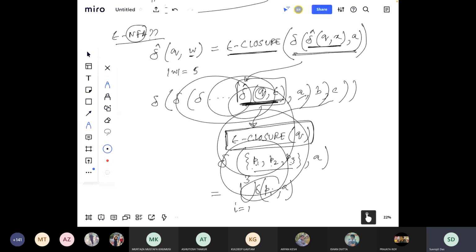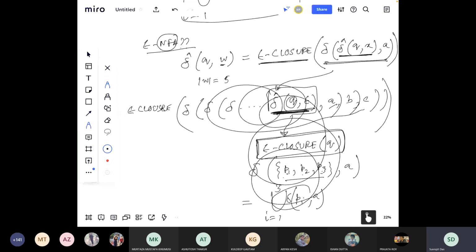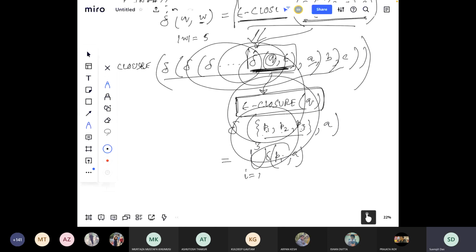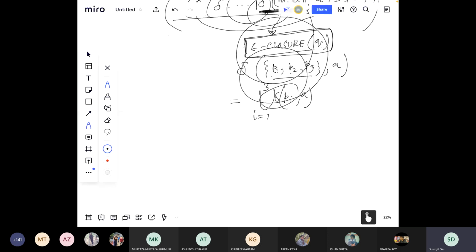But before you exit, don't forget to have an epsilon closure of everything. So it is epsilon closure of everything, right? So this whole thing looks like this. Is it clear? Now I gave you a feel of this recursiveness of how strings are processed.